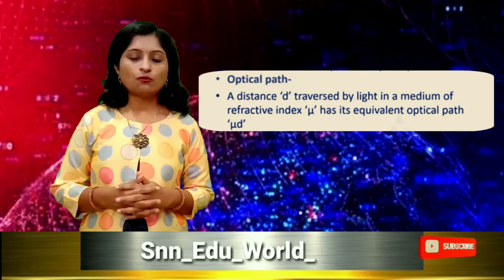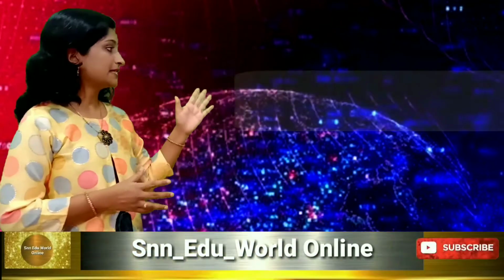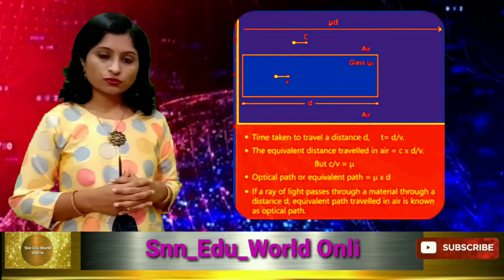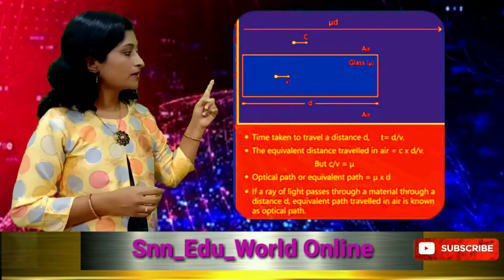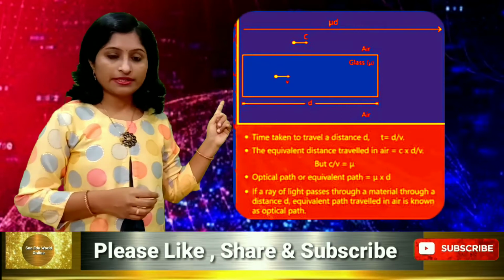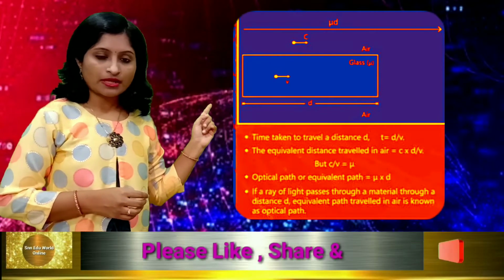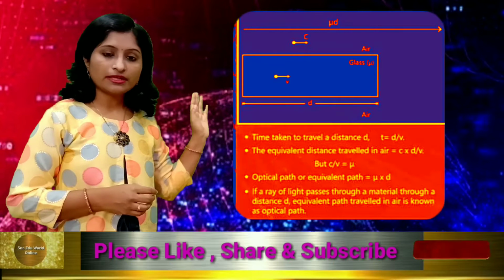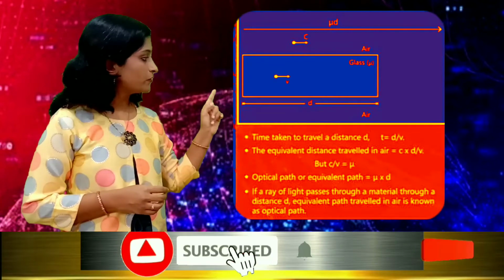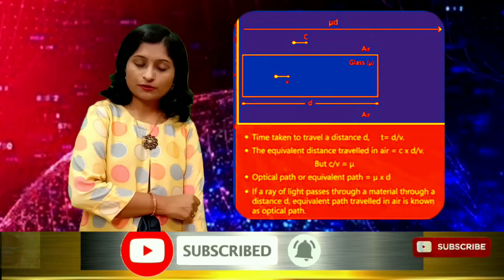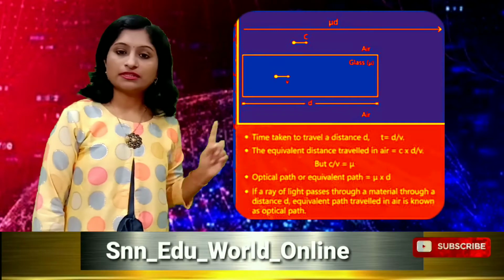Okay, so how to represent this? Let's see this diagram. I have shown in this diagram that a medium of refractive index mu is kept here, and a ray of light is moving inside the medium with a velocity v through the displacement d.